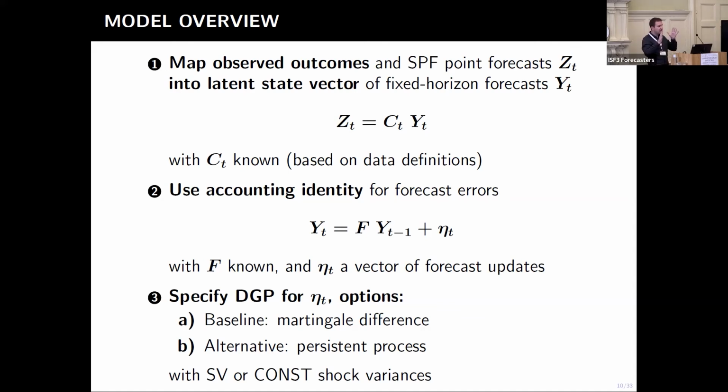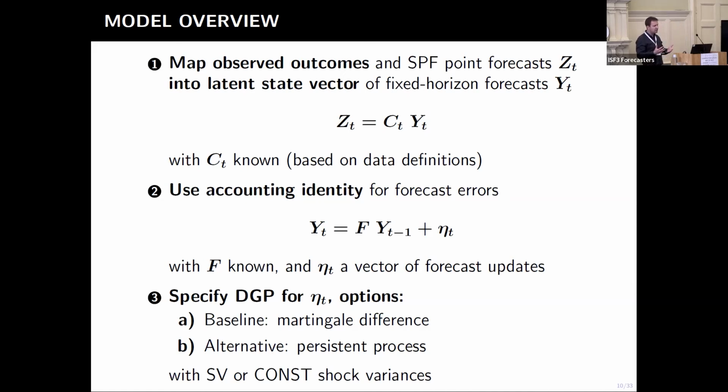I'm going to talk about that in a moment. And then there's the state equation, which is the second equation in the slide, which is basically just an accounting identity for forecast errors. And then how we specify this eta vector, which is the vector of forecast updates, is a decision that we need to make.